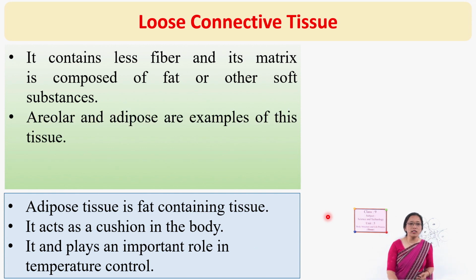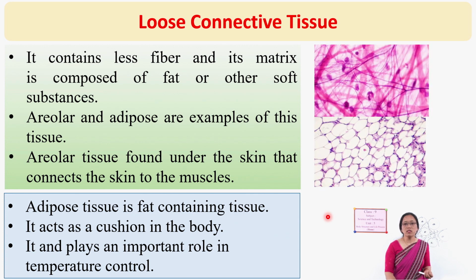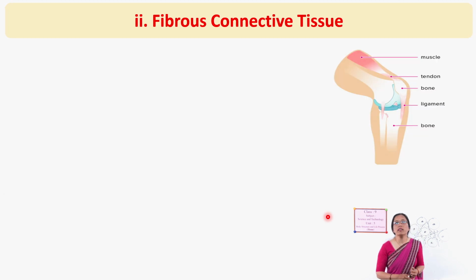And next one is areolar tissue. The structure is similar, but fat is absent, and these are especially present between the muscles and skin. Just now we have observed these things. And next one is fibrous connective tissue. In this fibrous connective tissue there is less matrix and more fibers present, and this tissue is especially found between the bones, binding the bones as well as muscle to the bones.